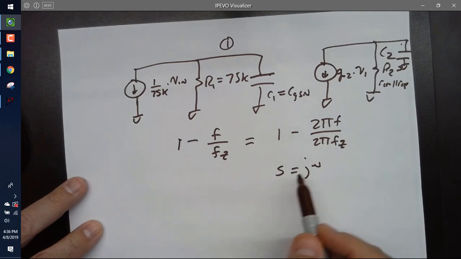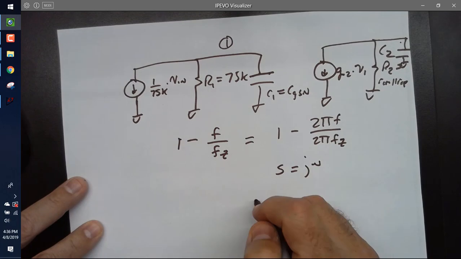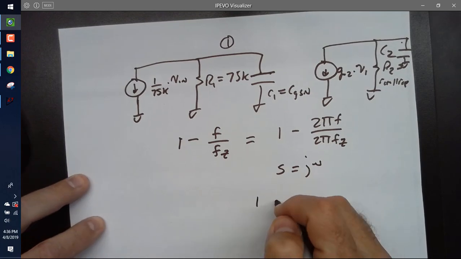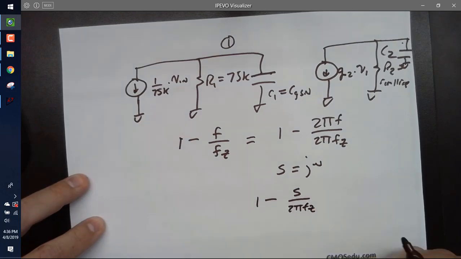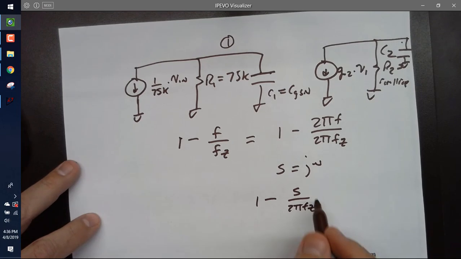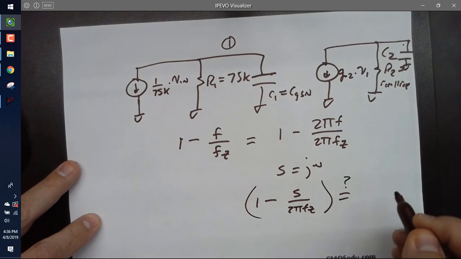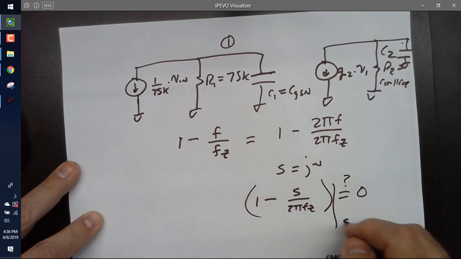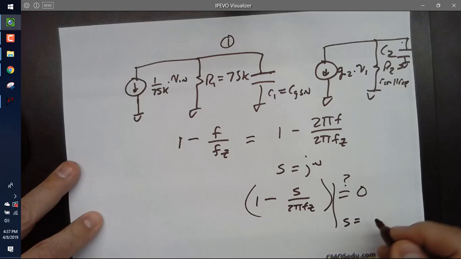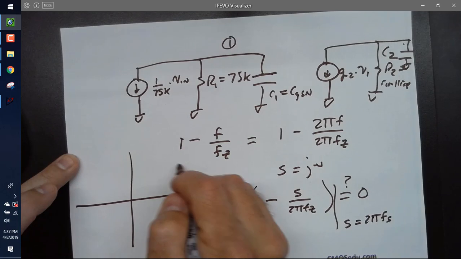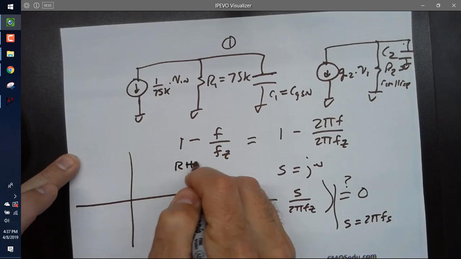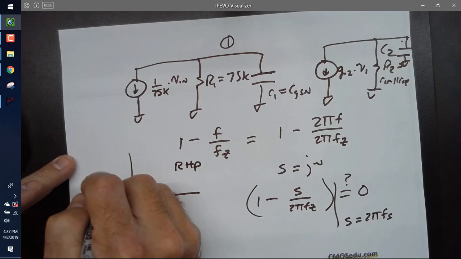So then I can write this as 1 minus s over 2 pi fz. Everybody would agree? When does this go to zero? When s is equal to what? Now, if I look in the complex plane, this is the right half plane and this is the left half plane.